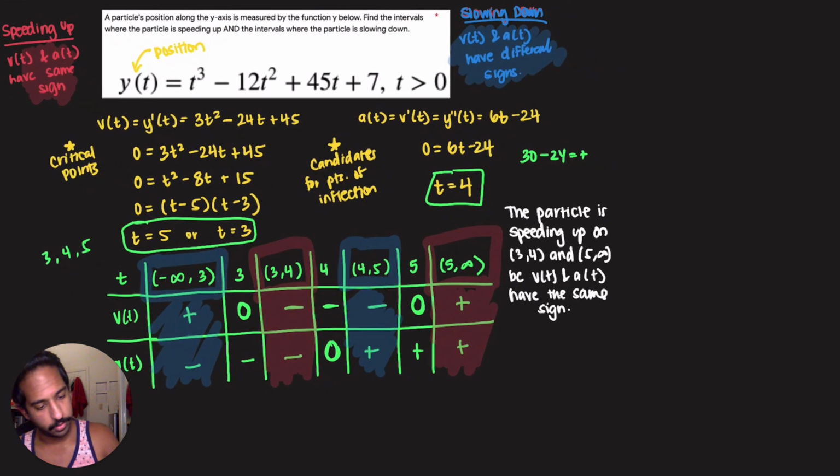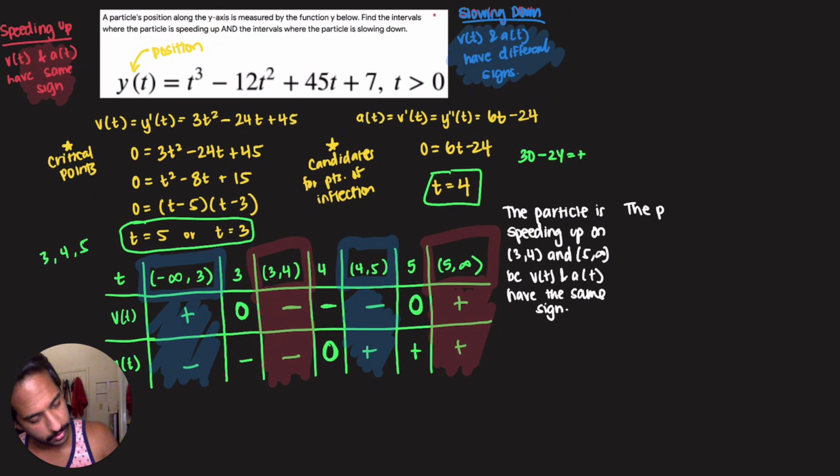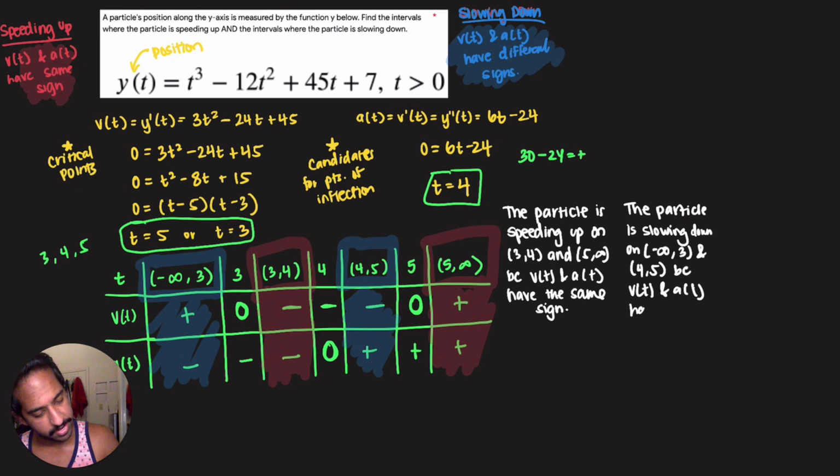There we go. The particle is slowing down on negative infinity to 3 and 4 to 5, because v of t and a of t have different signs.